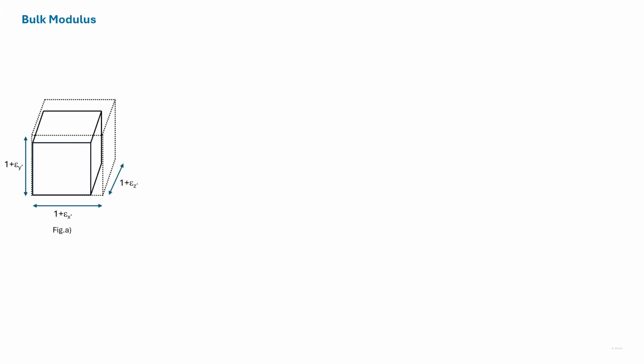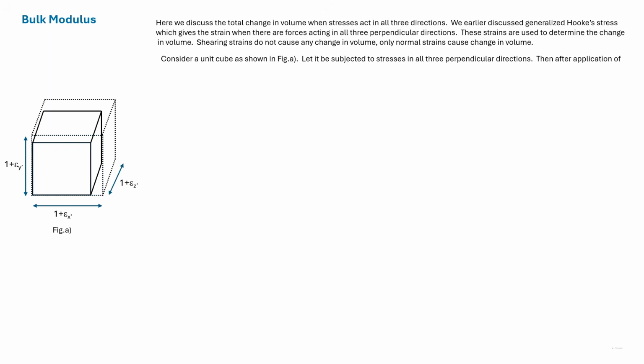We found out the strains along all three perpendicular axes. Here we deal with change in volume. It is to be noted that only normal stress and normal strain cause change in volume. Shear stress and shear strain do not cause any change in volume.